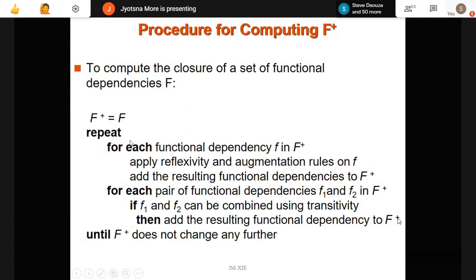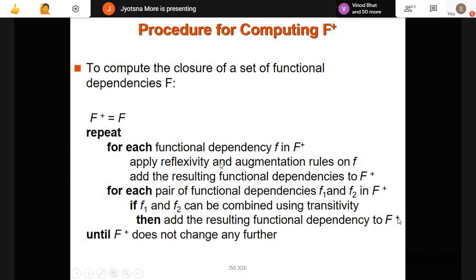Then repeat, this is my loop: for each functional dependency f in F plus, whatever functional dependencies are given, for every functional dependency present in this F plus now.